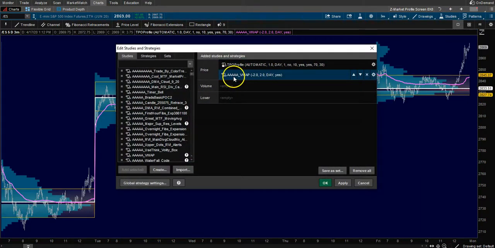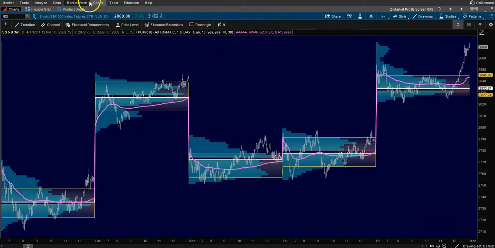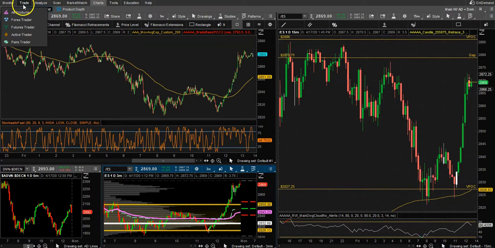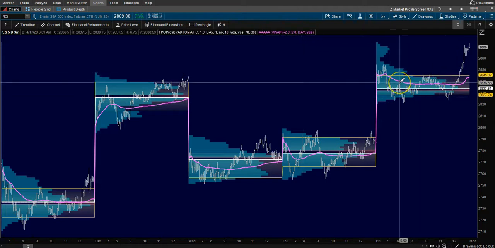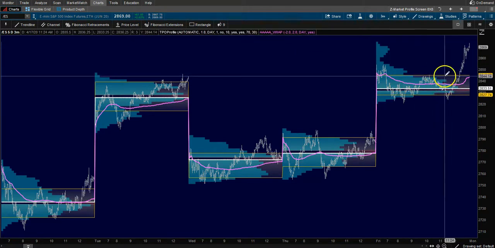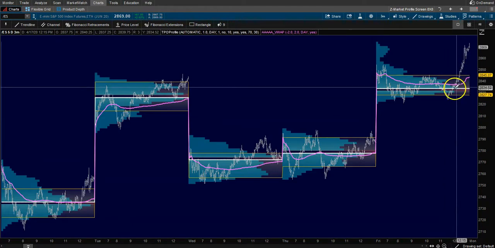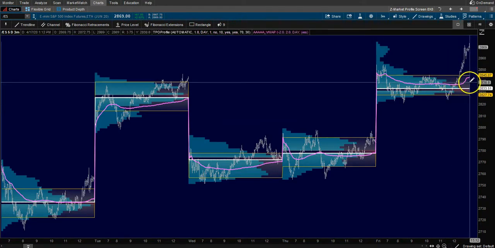Also, I have just a regular VWAP. This is kind of like my other chart, this little market profile chart down here. Today only 3 minute. This is just more of showing you multiple days of the same chart, but I also have the value area high and low, the point of control, and then the VWAP.